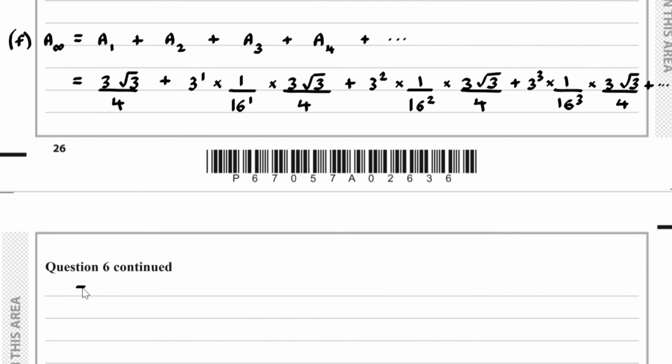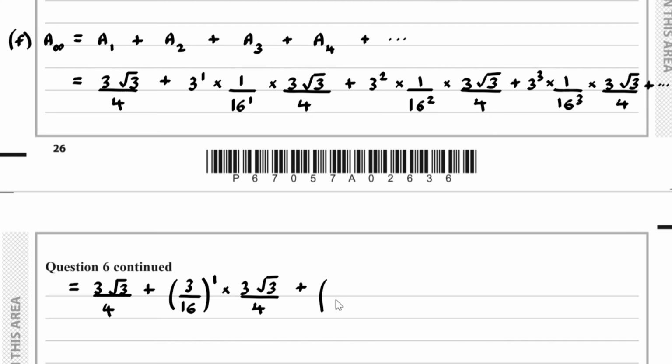So we've got 3√3/4 plus 3/16 to the 1 times 3√3/4.